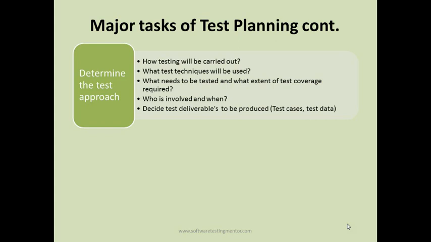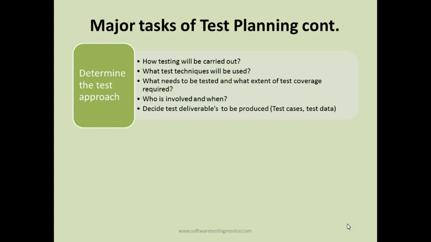So test approach is nothing but how you will be doing testing, who will be doing what, what test techniques will be used, when testing will start, and who will do different kinds of testing. So all these questions you need to determine.